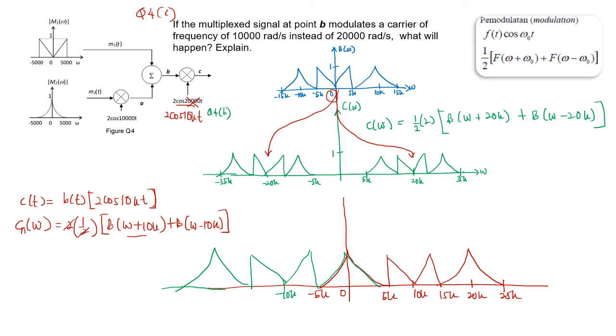Here is negative 15k, negative 20k, and negative 25k. So the magnitude is 1. So this is your C omega.